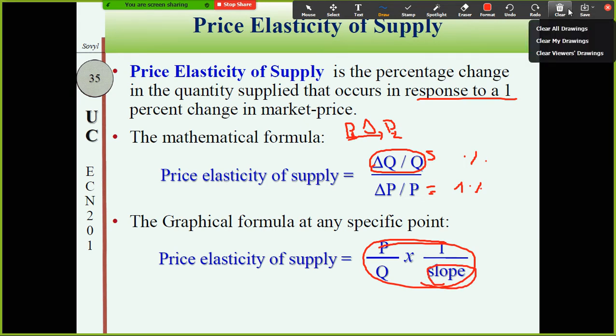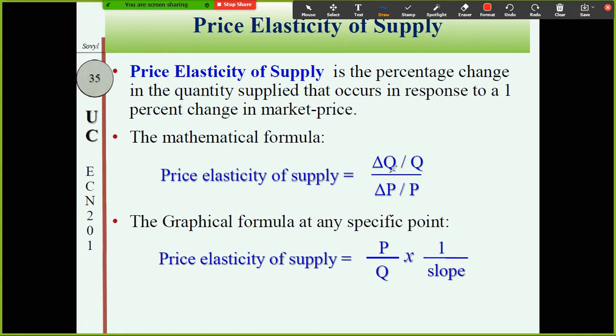I'm not talking too much because the calculation is the same as we did on the demand side, but in terms of price elasticity of supply, this is always positive. Negative is wrong. It is always positive because, based on the property of the supply curve, change in Q and change in P go the same direction.